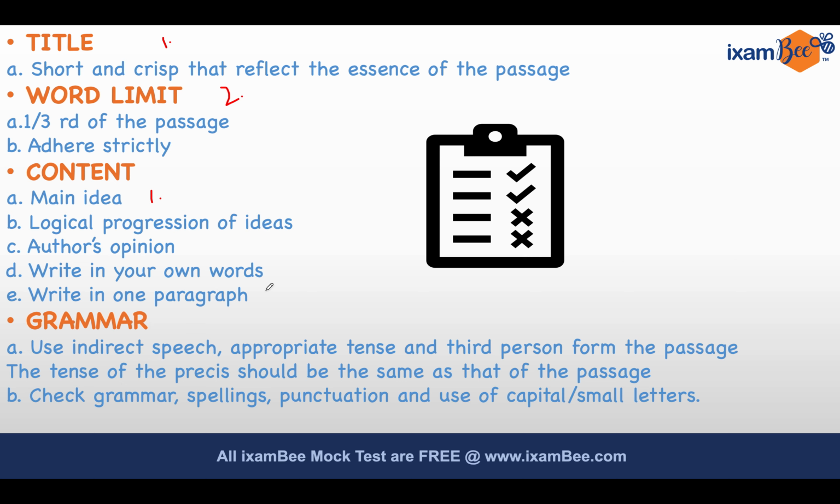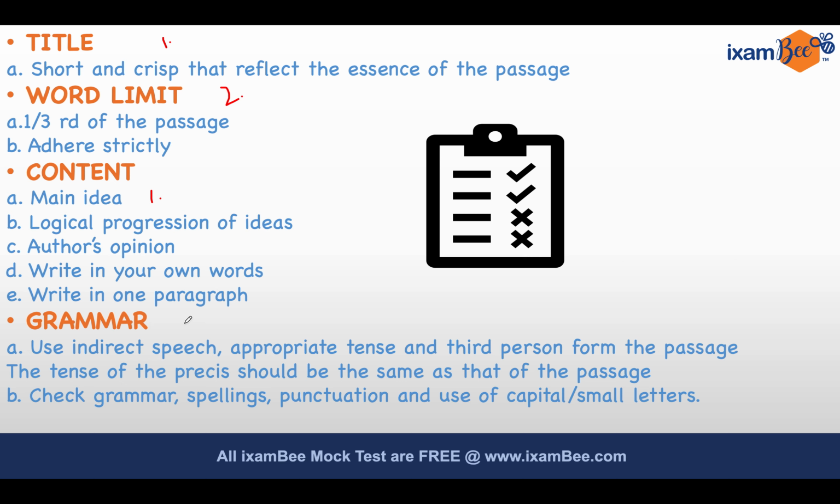Now let's look at the last criteria, grammar. Use of indirect speech, appropriate tense, third person. And as I said, the tense of the précis should be the same as that of the passage. Grammar is very, very important and has a lot of weightage. Your grammar, your spellings, your punctuations, and use of capital and small letters are all very much a part of the evaluation criteria.